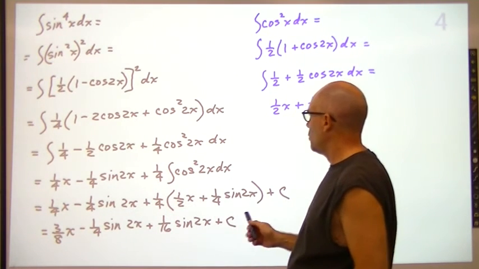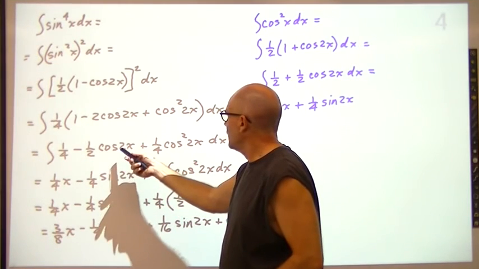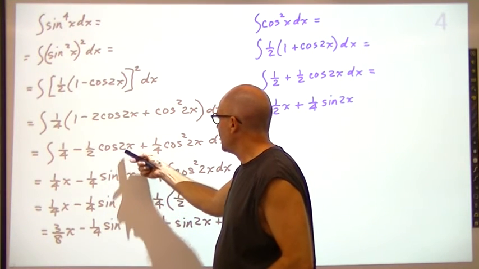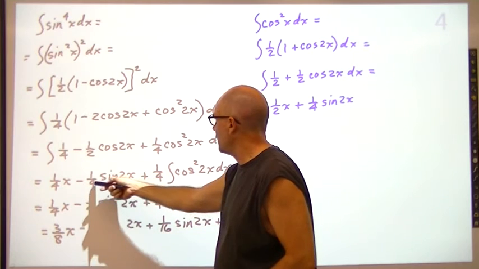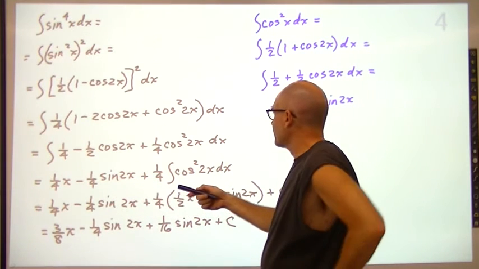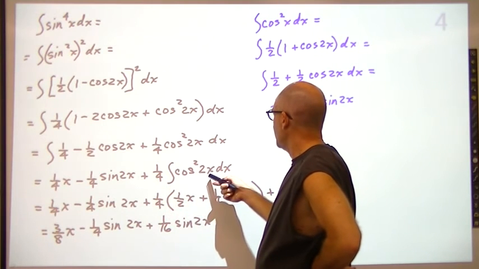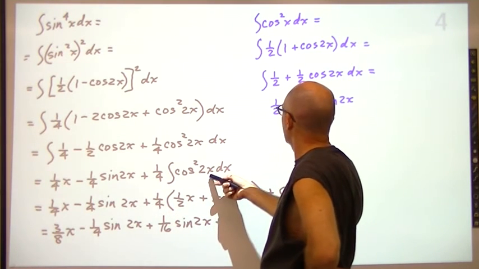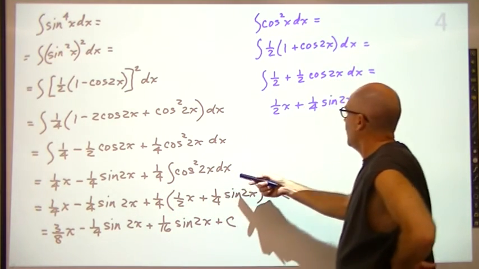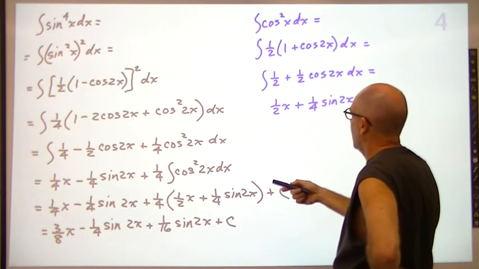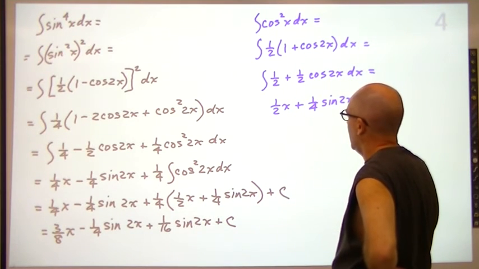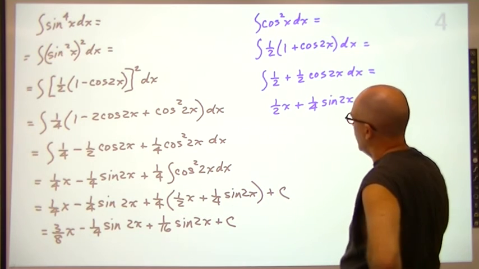So let's go back and make sure. Okay, the integral of cosine 2x is sine 2x times a half. And then we've got plus 1/4 cosine squared 2x. Oh no. Ugh.